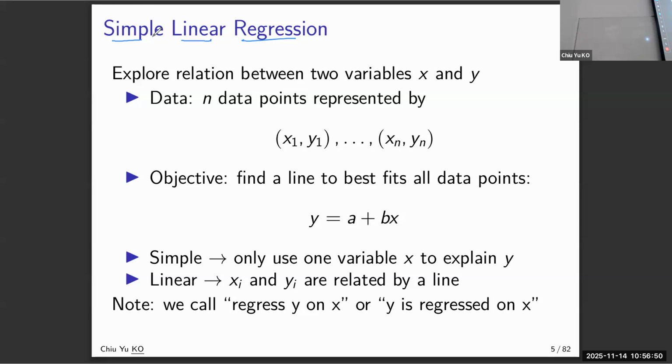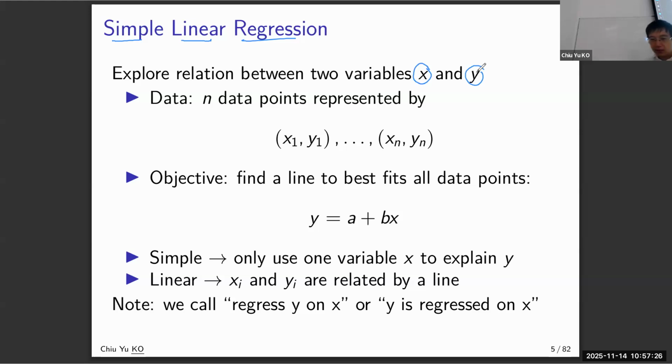That means you take away the simple, you take away the linear. You learn not simple, you learn nonlinear regression. So for simple, what does that mean? Simple means you only care about a two-dimensional scatter plot. It's not three-dimensional, it's not four-dimensional, it's only two. So you only need to understand y and x. If you want more than this, then it will not be simple.